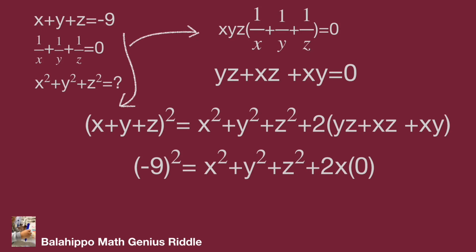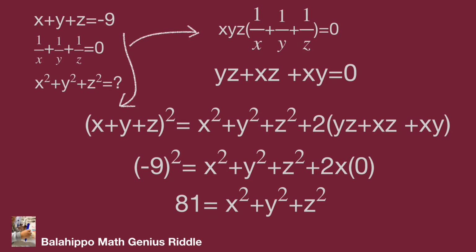Substitute x plus y plus z by minus 9 and yz plus xz plus xy by 0. We get 81 equals x squared plus y squared plus z squared.